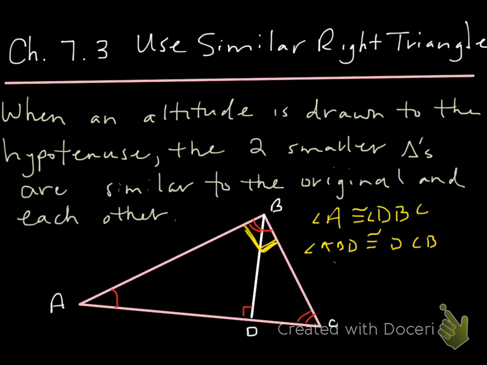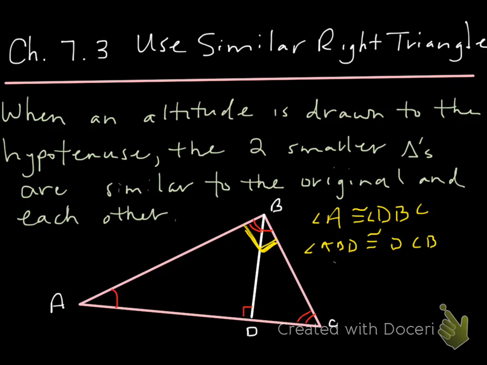And so now, since you have those angles being congruent to each other, using the third angle theorem, you have similar triangles. You have two similar triangles, and of course they're similar to the big one as well. That just seems more complicated than it really needs to be, but if you break it down and really look at it, you'll be able to figure that out. Don't stress too much over that, though.